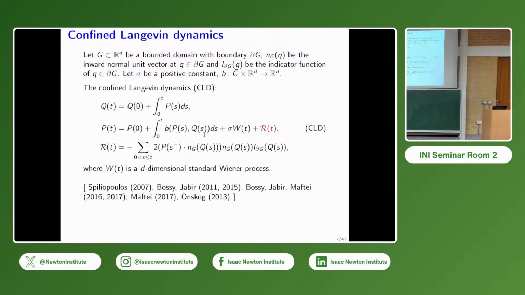If I remove this red term, then we are back to Langevin-type dynamics in the whole space. What this red term does is keep the position of the particles in this bounded domain G, with boundary partial G, and n is the normal vector. I think it should be outward, and I_G is the indicator function.